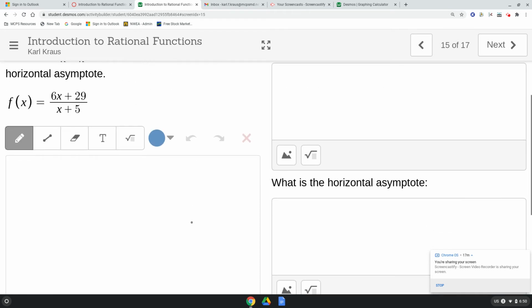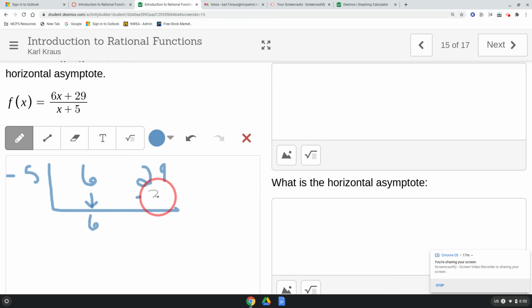And then on the next one, you want to do a negative 5, and then 6, and 29. Multiply, get negative 30 here.